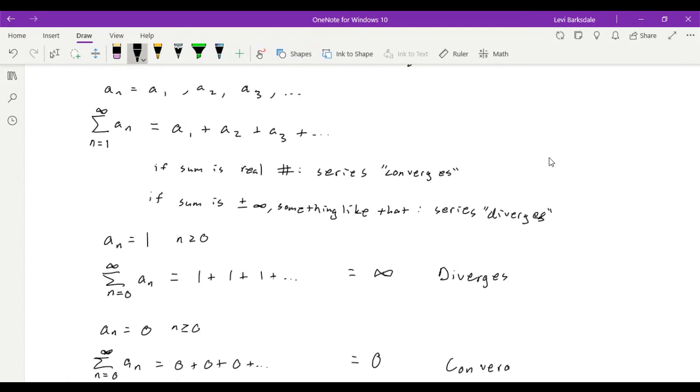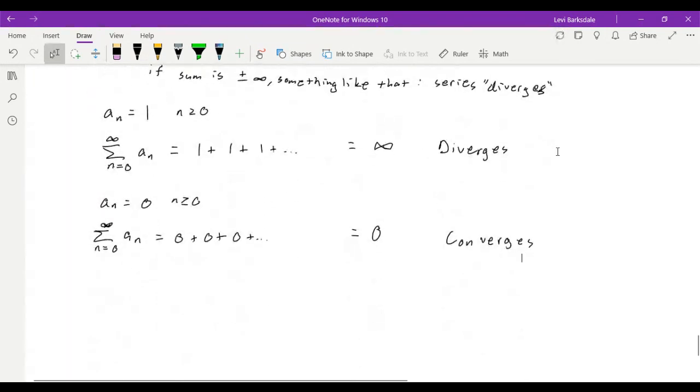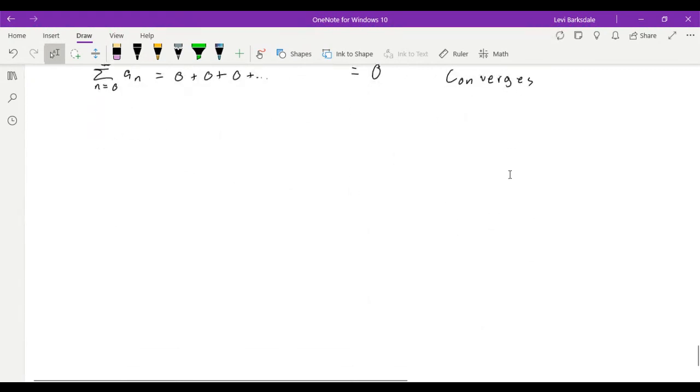Because that's a real number, we say that it converges. Both of these series are pretty simple, not a whole lot going on with those, but they're good for illustrating the concepts of convergence versus divergence.